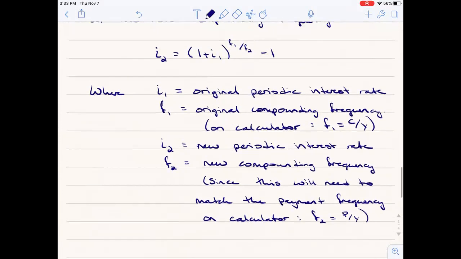And those are the only variables in this formula: I1, F1, I2, F2. It's just a way for us to go from one compounding to another, just switching from one periodic interest rate to another.